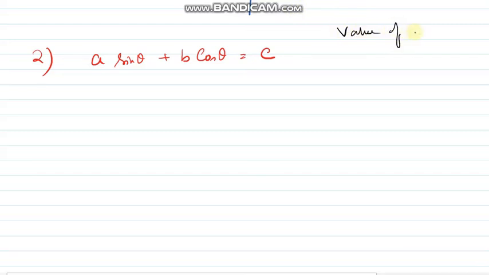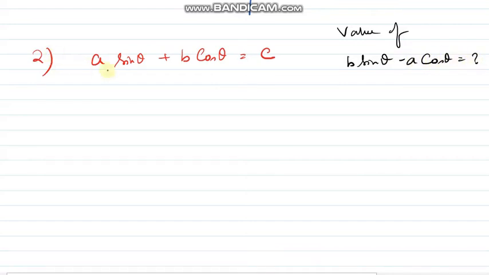Next one is a very important one. Please do remember, many times I will use this concept at different times. So a sin theta plus b cos theta equals c. We need to find out the value of b sin theta minus a cos theta.